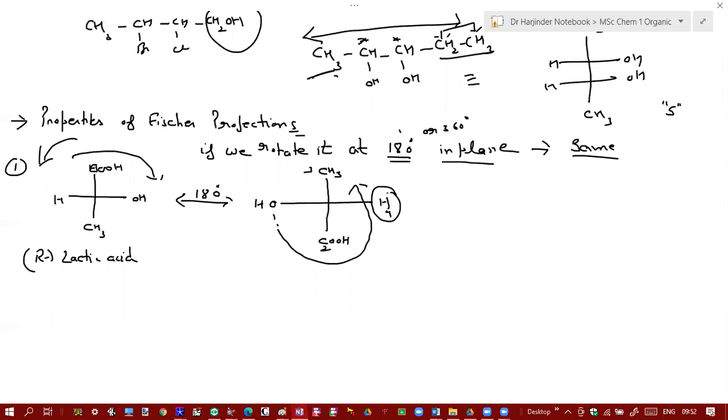If S comes, you write R; if R comes, you write S. So this is again R lactic acid.